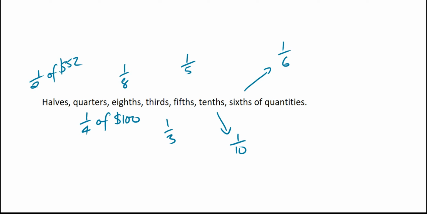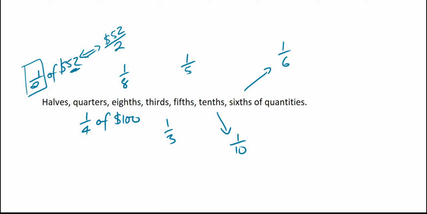So let's have a look at finding a unit fraction of a quantity. So 1/2 of $52, so $52 is the quantity and half is the unit fraction because we have one of that particular type of fraction. So 1/2 of 52 we can rewrite as 52 divided by 2.